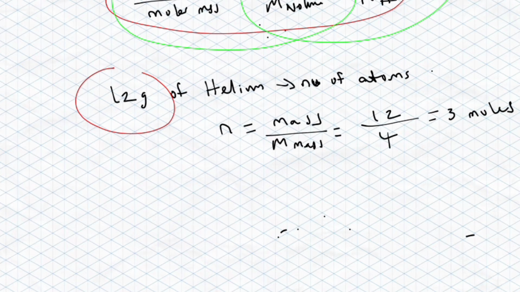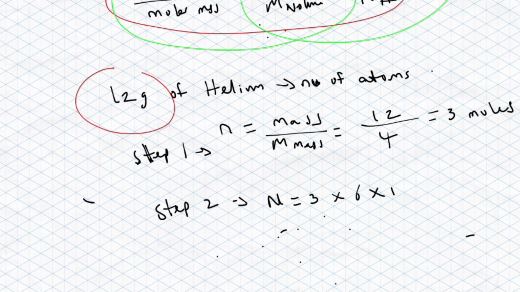Now we are not asked to calculate the number of moles, we are asked to calculate the number of atoms. So we need to calculate the number of atoms now. So this was step 1, then this is step 2. So N now is equal to 3 times 6 times 10 to the power 23, which is equal to 1.8 times 10 to the power 24.